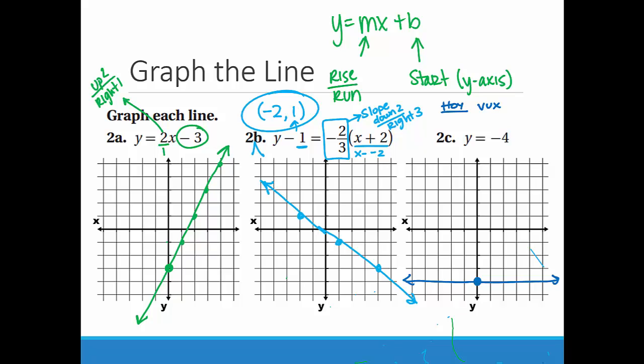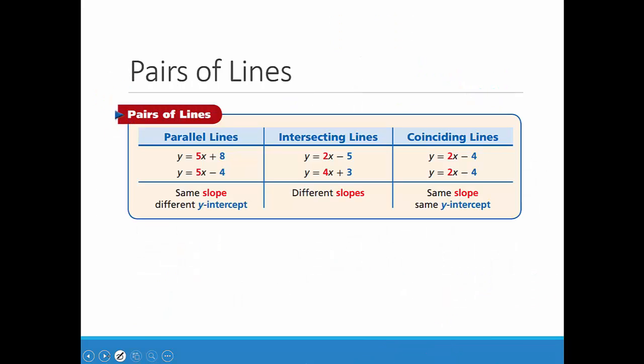The other thing you can do for 2b is you can put it into y equals mx plus b form, like this one over here. And if that makes more sense to you, feel free. So if I give you more than one line, you can tell that they are parallel because they are going to have exactly the same slope. But parallel lines have to have a different y-intercept. If they don't have a different y-intercept, then there's something called coinciding lines.